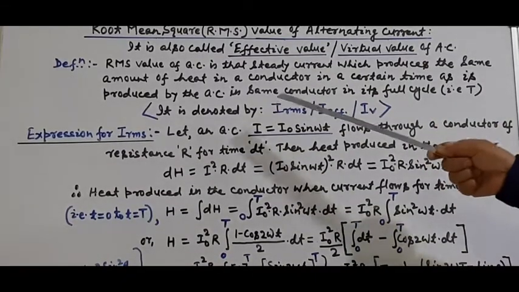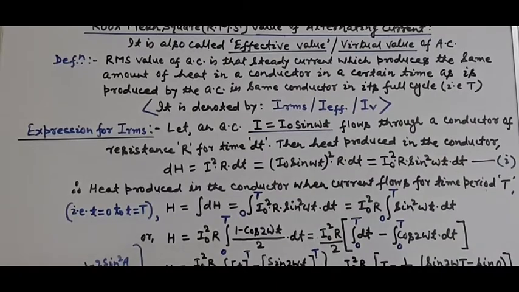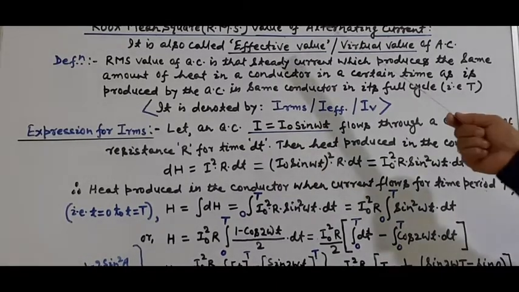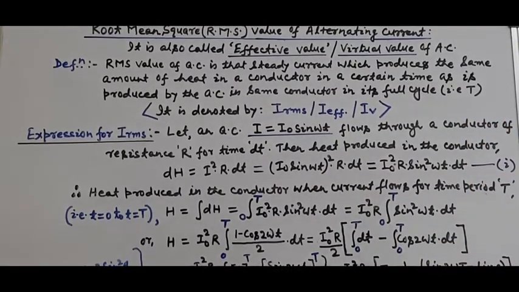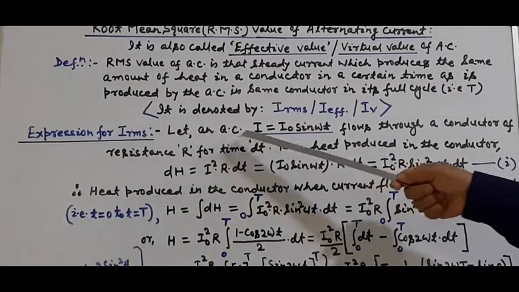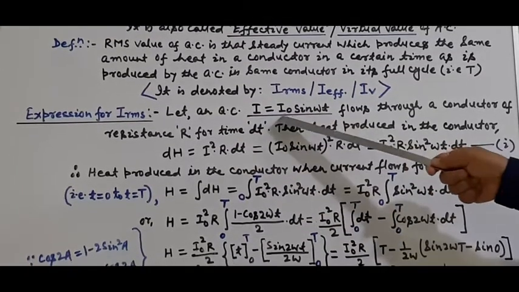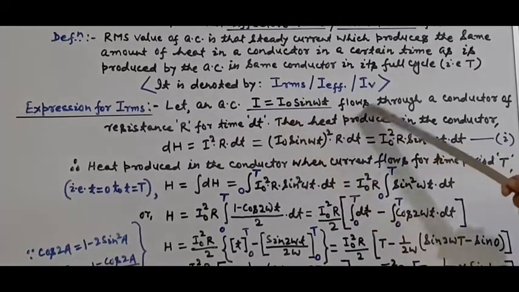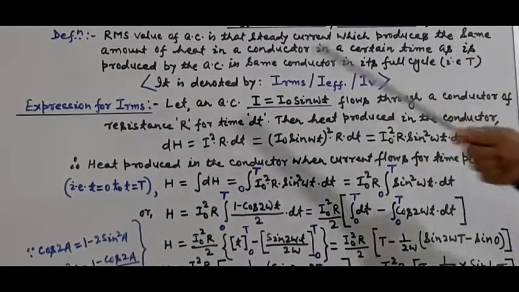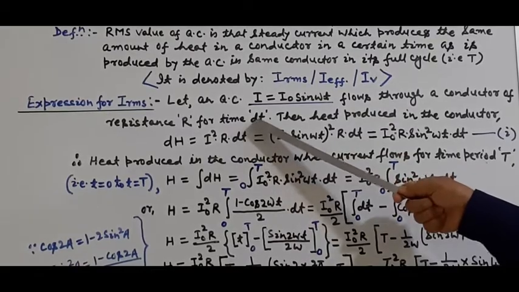On the basis of this definition, we'll derive the expression for the RMS value of alternating current. Assume an alternating current I equal to I naught sin omega t, where I naught is the peak value of alternating current, flows through a conductor of resistance R for a very short time dt.